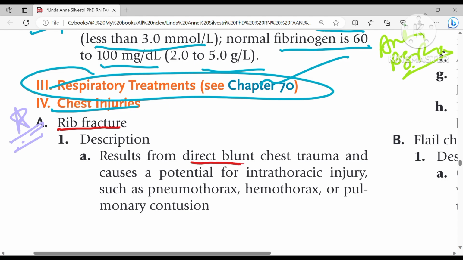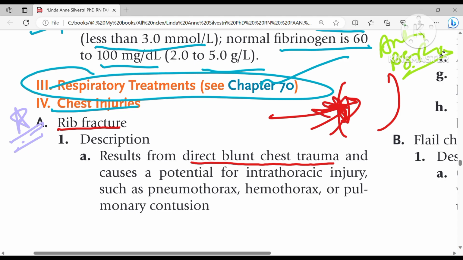It results from direct blunt chest trauma. So this is the chest. If any sharp object penetrates the lungs, a rib fracture can occur. So, direct blunt trauma can cause a potential intrathoracic injury such as pneumothorax.